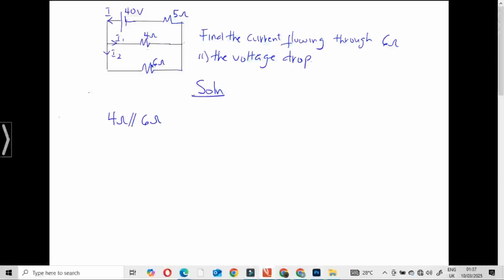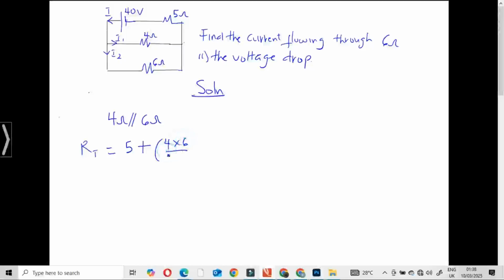So the total resistance, we know this and that is in parallel, which will be in series with that. So our total resistance is equal to the 5 plus the resultant resistance for these two resistors.